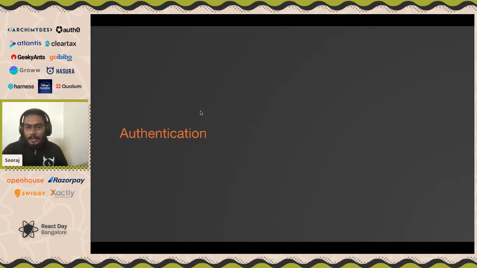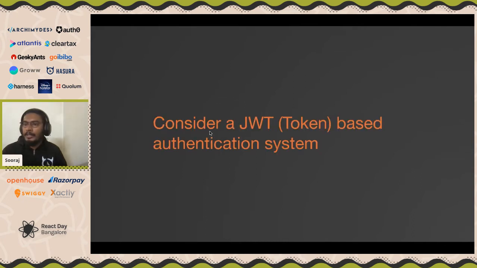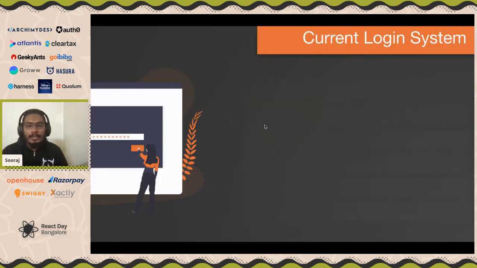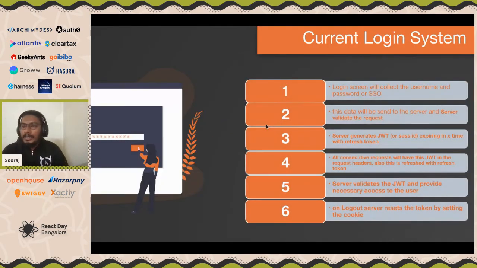Now let's talk about authentication. I'm going to take an example of a JWT-based authentication system, a simple one. Currently, on the login screen you have a username and password.